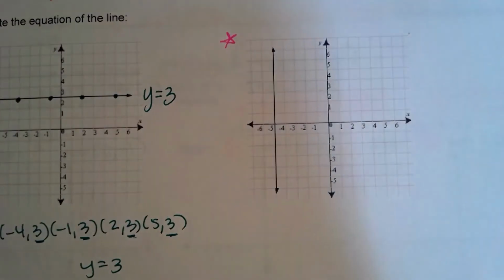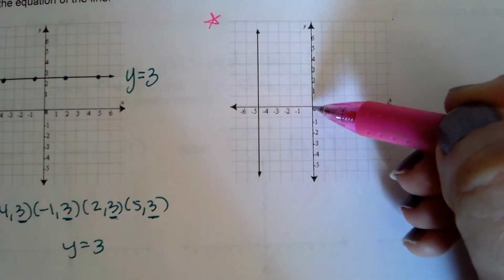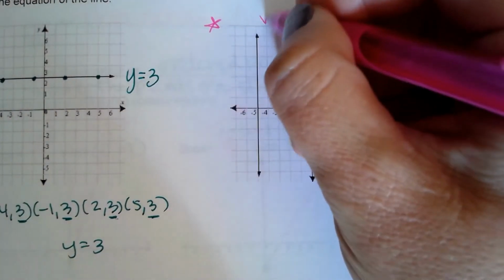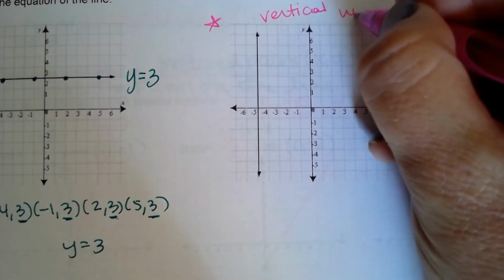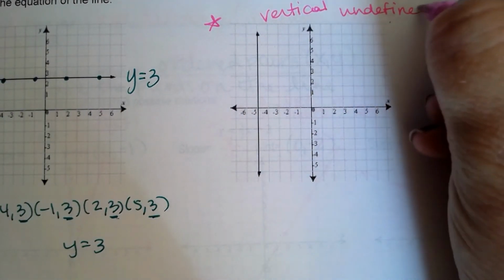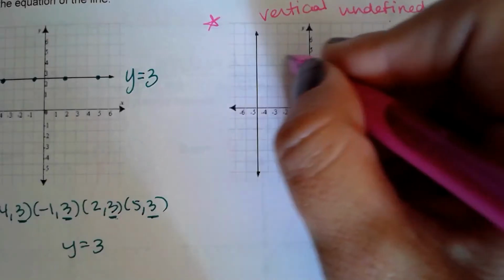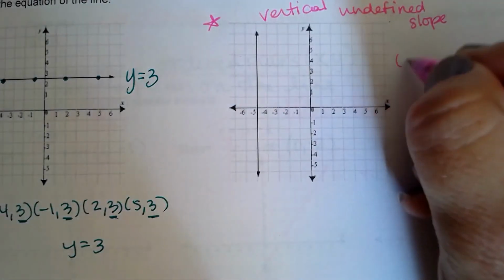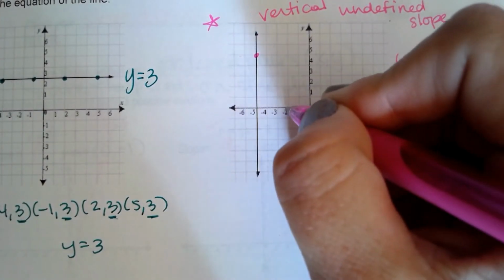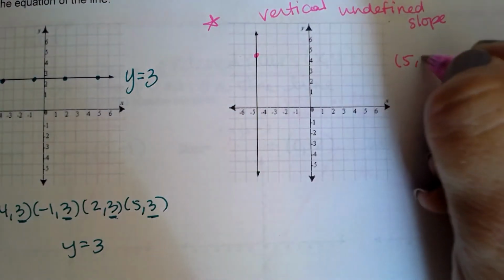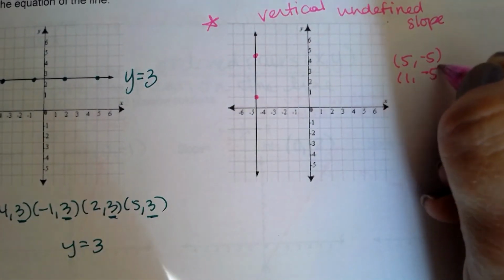Okay, so same idea here. Looking at it, this is a vertical line. So it has an undefined slope. And if I wrote down some ordered pairs, this would be 5, 1, 2, 3, 4, negative 5. This would be 1, negative 5.